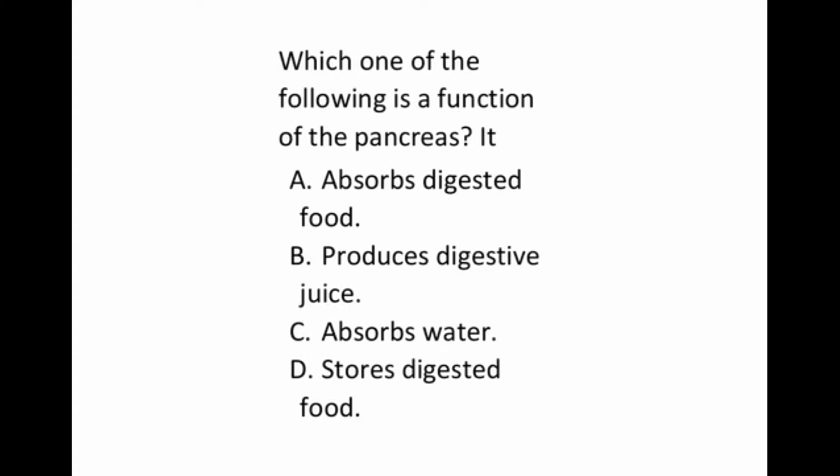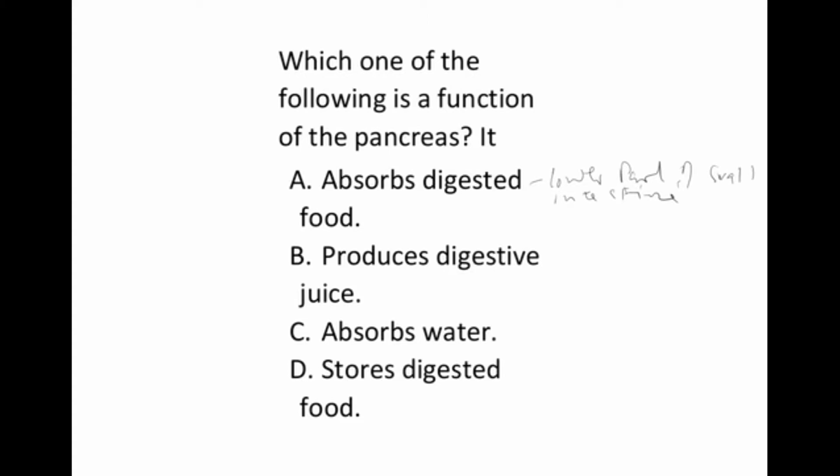When you look at the absorption of the digested food, this takes place in the lower part or small intestine, where we have the villi, which are finger-like structures that help in absorption of digested food to the blood stream.